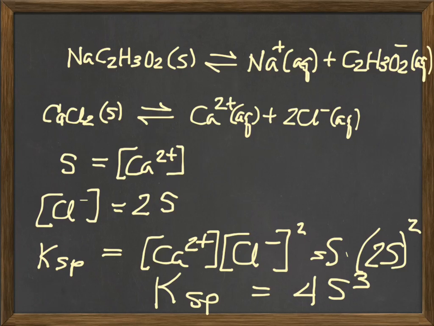So then S equals the cube root of KSP divided by 4. So it's not horrendously hard, but you guys have other things to learn too. For the curious, that's how it works if it's more complicated. There could be a homework question that does something like that, but I promise you I won't do it on an exam.